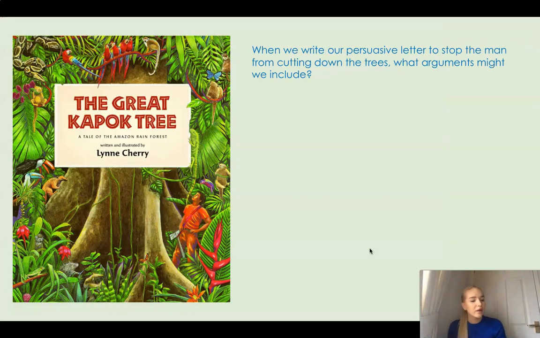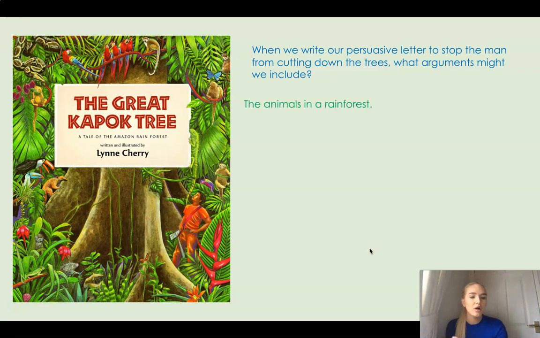Now we know that we are going to be writing a persuasive letter shortly to the man to stop him from cutting down the trees in the book The Great Kapok Tree. But we need to be secure, and we need to know what type of arguments we might include. So I'll start you off. We might include the arguments about the different animals and how the animals will lose their habitat if the trees are being cut down due to logging and deforestation.